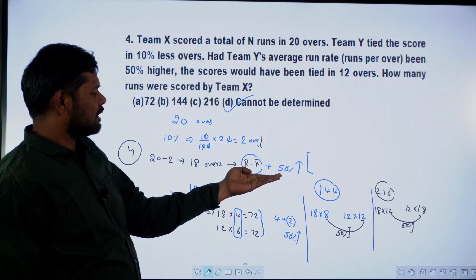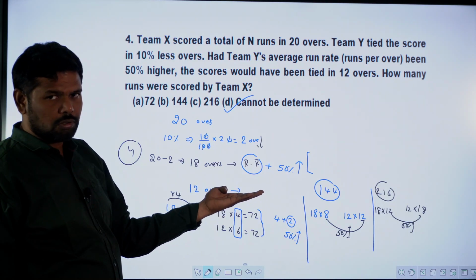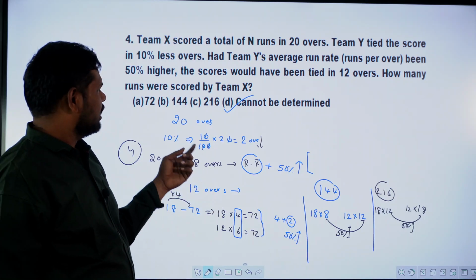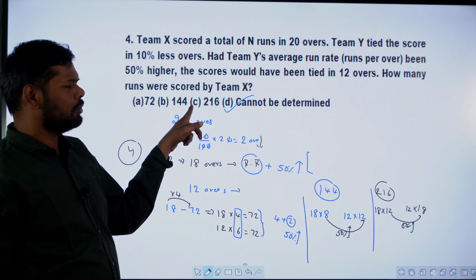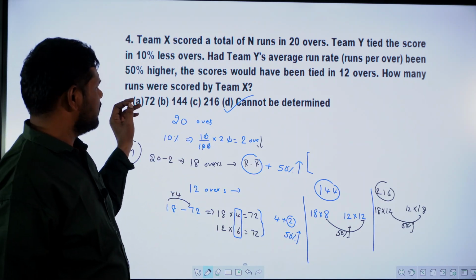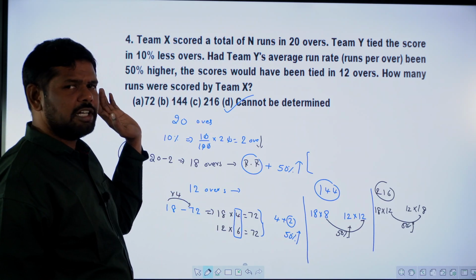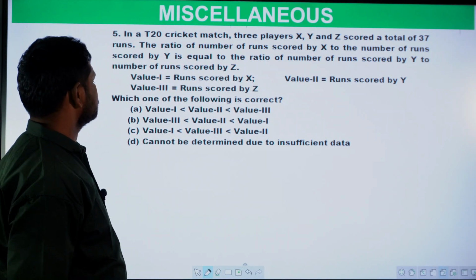If the run rate is increased by 50%, whatever the score, it is definitely achieved in 12 overs exactly. So all options are satisfied, cannot be determined. You don't need to solve the third option. The first two options are satisfied, so we can't conclude which is the correct answer. So the answer is cannot be determined, no doubt. That's it. Next one.